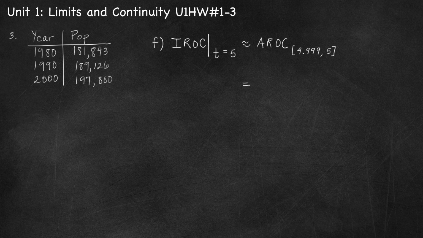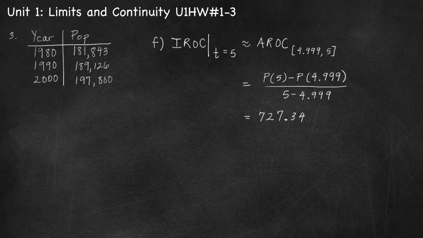So that would be, and again, I erased it, but we're using that equation for P of t. So P of 5 minus P of 4.999 over the change in time, 5 minus 4.999, which is approximately 727.324 people per year.